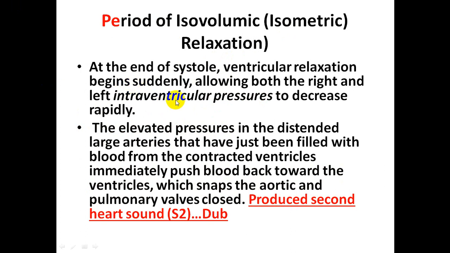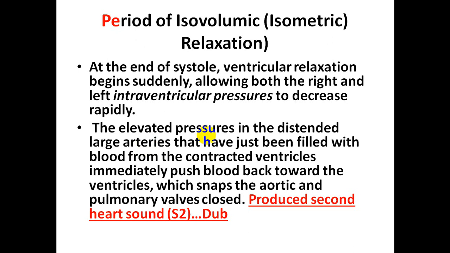And with this rapid decrease of pressure, the elevated pressure in the distended large arteries, meaning the aorta on the left side, which is an elastic artery, has a recoil, and the back pressure of the blood against the semilunar valve leads it to be closed at the end of systole.